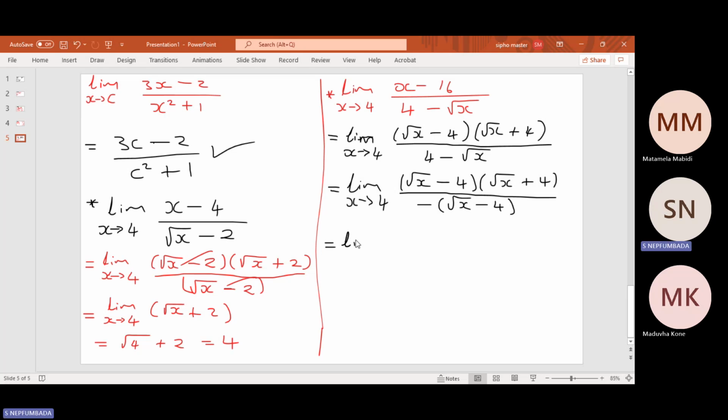This one and this one cancel. We're left with negative square root of x plus 4. This is going to be equal to minus square root of 4 plus 4, which is equal to negative 6. Is that so?